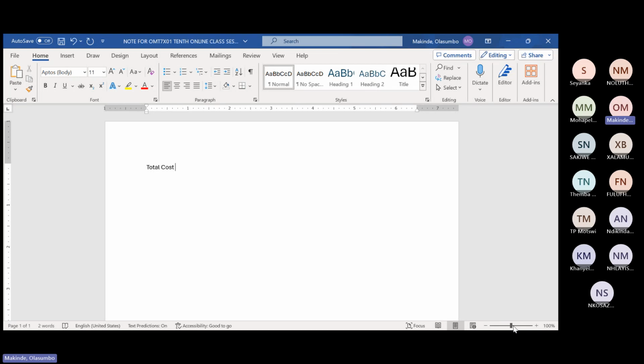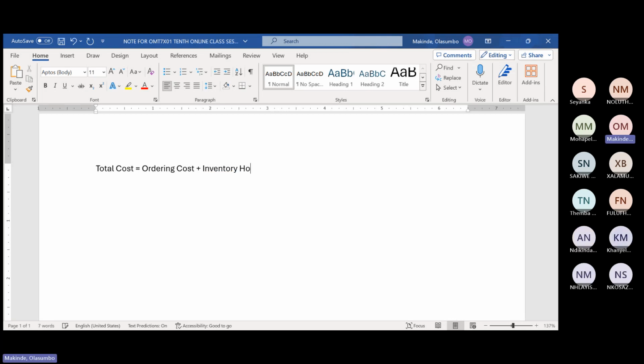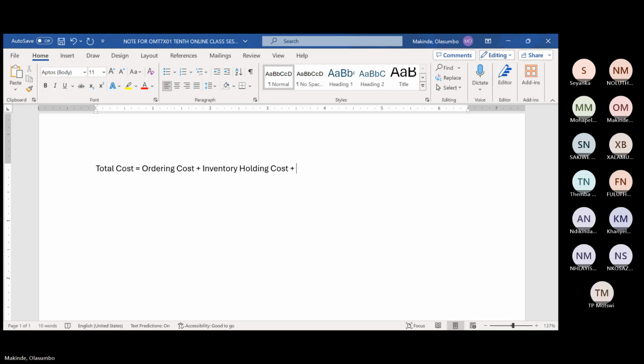So we want to derive that economic order quantity that will minimize the total cost, which is equal to the total ordering cost plus inventory holding cost plus purchasing cost. So the mathematical expression for this, we need to derive it.